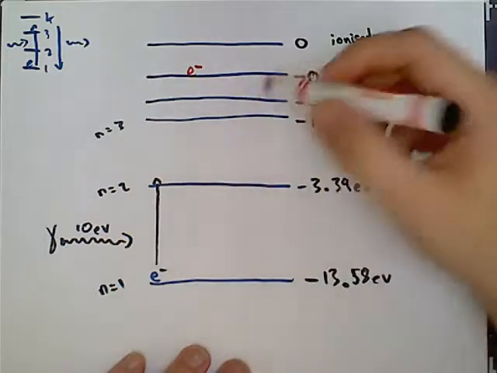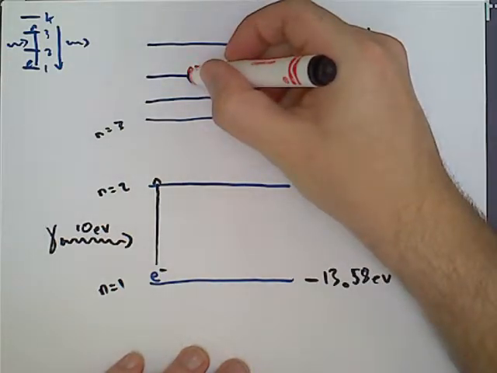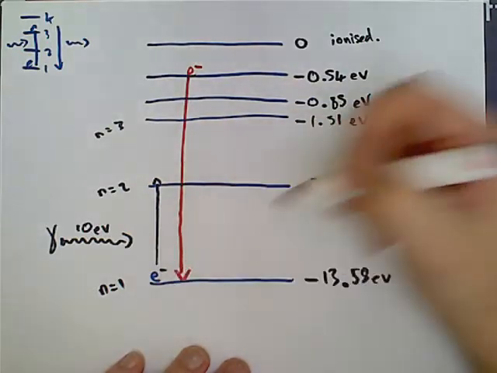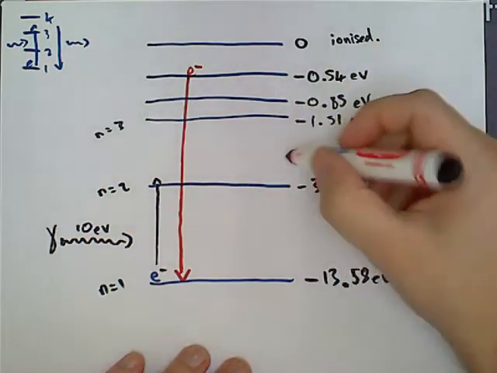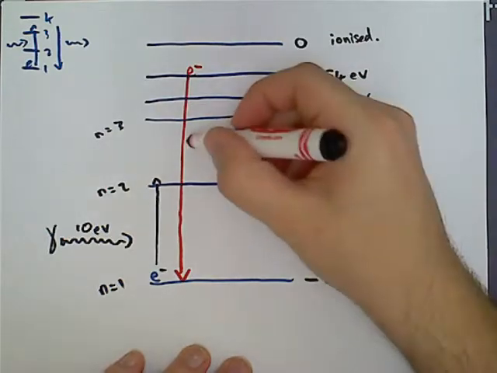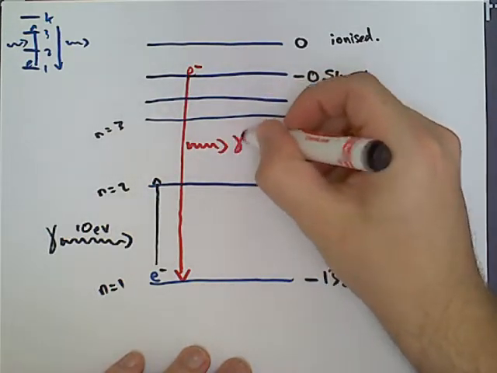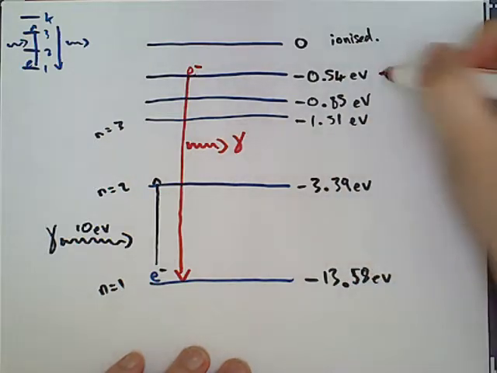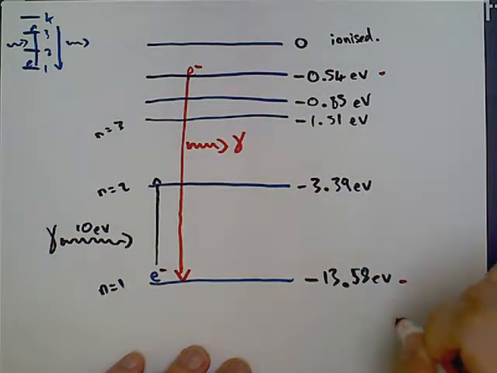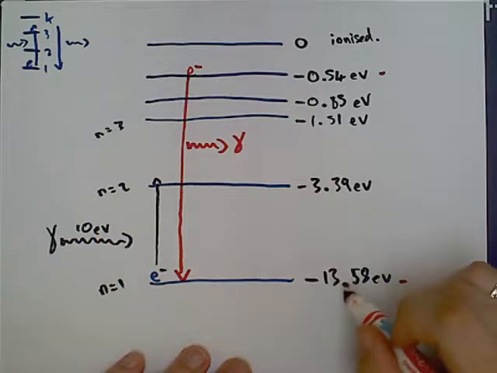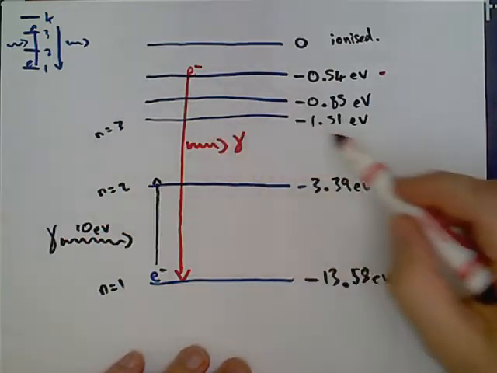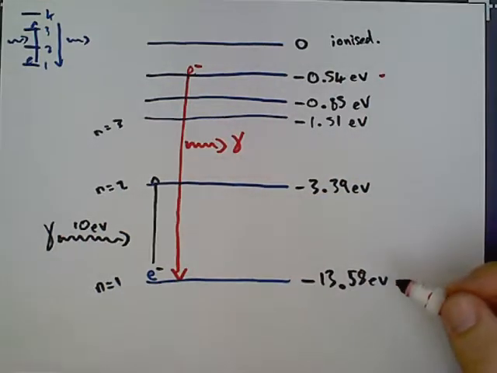That electron could drop down all the way down to there and give off an amount of energy as a photon. And that amount of energy that's given off is the difference between the two energy levels. So in this case, 13.04. So 13.04 is the energy of the photon that's given off.